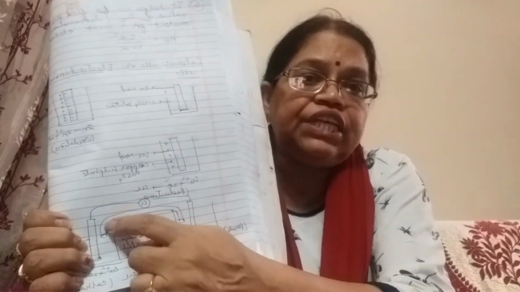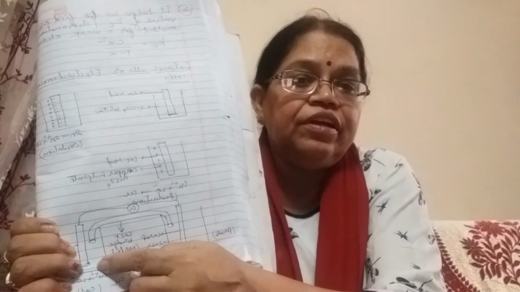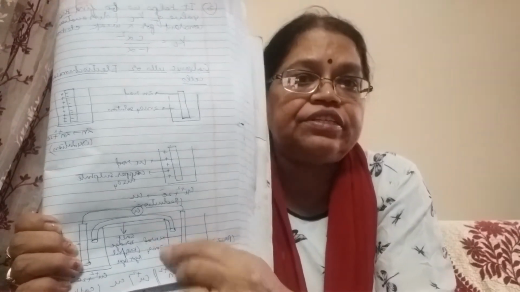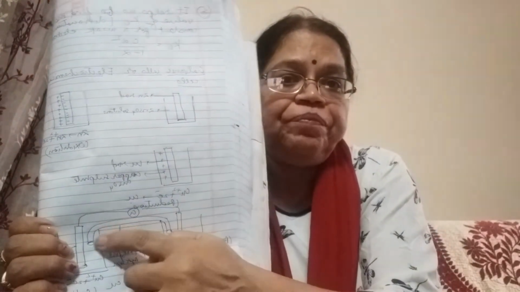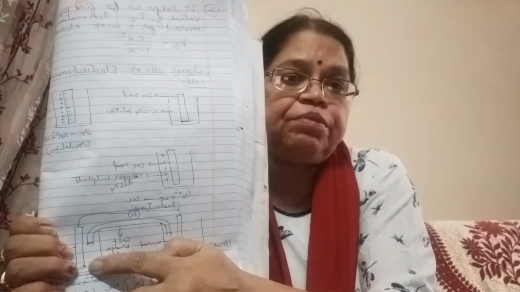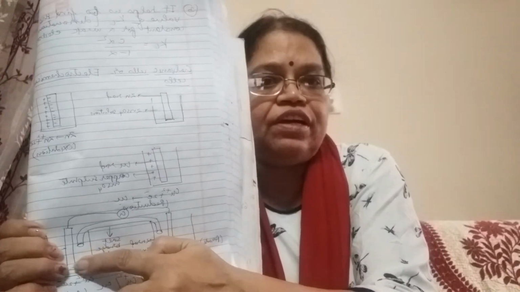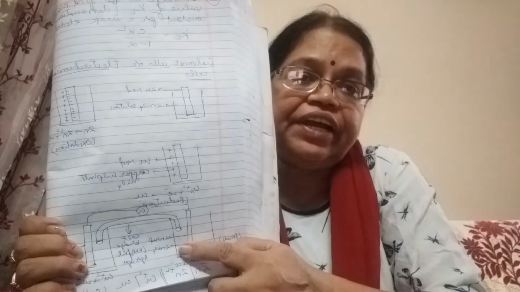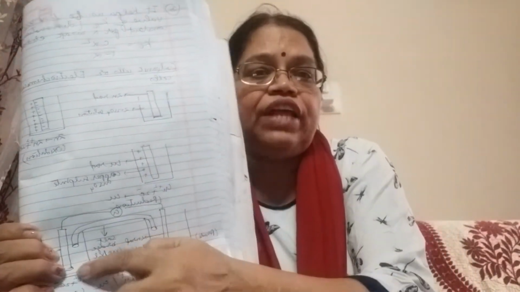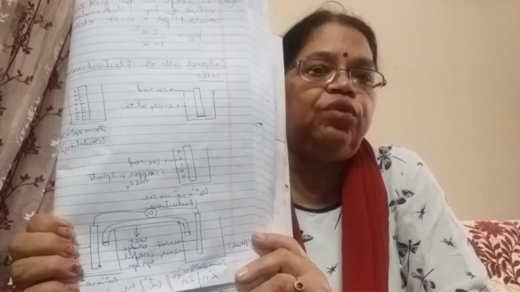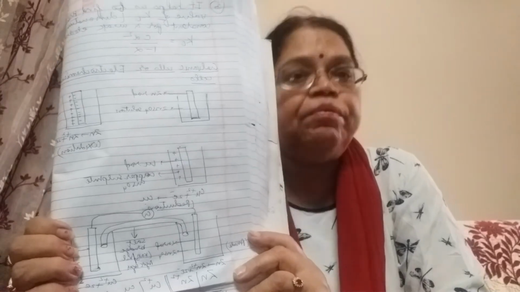When a lot of zinc ions get accumulated in this, the negative ions, that is chloride ions or nitrate ions from this salt bridge, come into this anodic half where they get neutralized, because zinc ions are positive and chloride ions are negatively charged. They get neutralized so that the current which had stopped due to excess of zinc ions accumulated in the anodic half cell again maintains its flow.